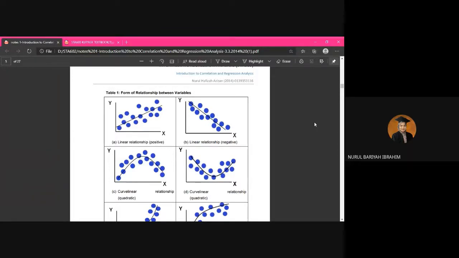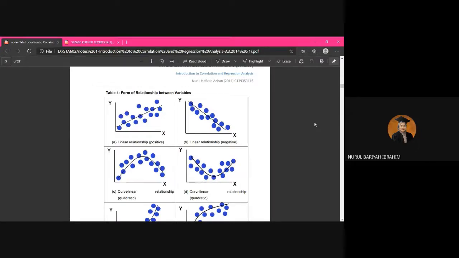Okay, so this is the example of the types of scatter diagram, or the varieties of the relationship between the independent variable and the dependent variable. So as you know, when we want to draw the scatter diagram, what we need to do is first kena ada title, wajib kena ada title, and then label the y-axis and x-axis, means that you kena letakkan the name of the independent variable and the name of your dependent variable.